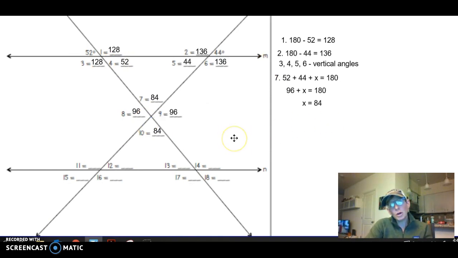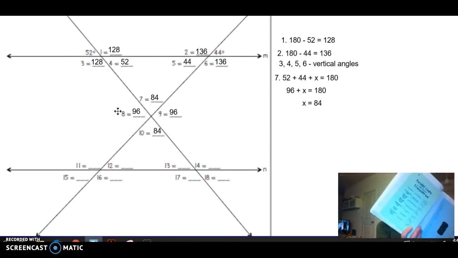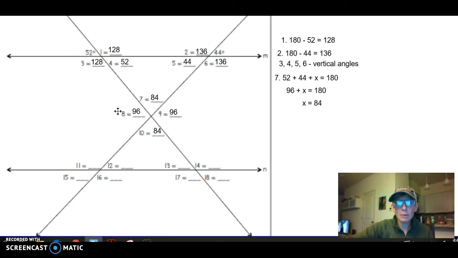But let's bring in some more vocab here. Let's think about this. So I'm going to use the idea of corresponding angles. So again, go back to your green sheet. Corresponding angles means the same position on the other parallel line.